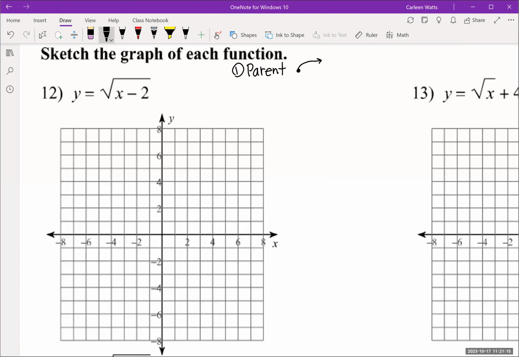Notice only one arrow. Square root is a sleeping parabola. Vertex.